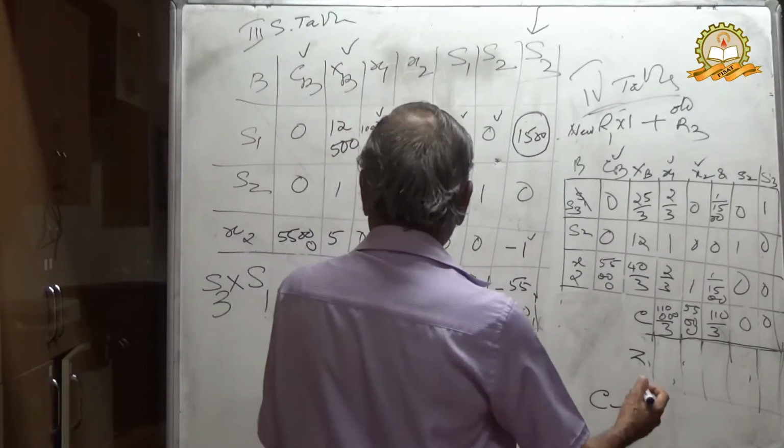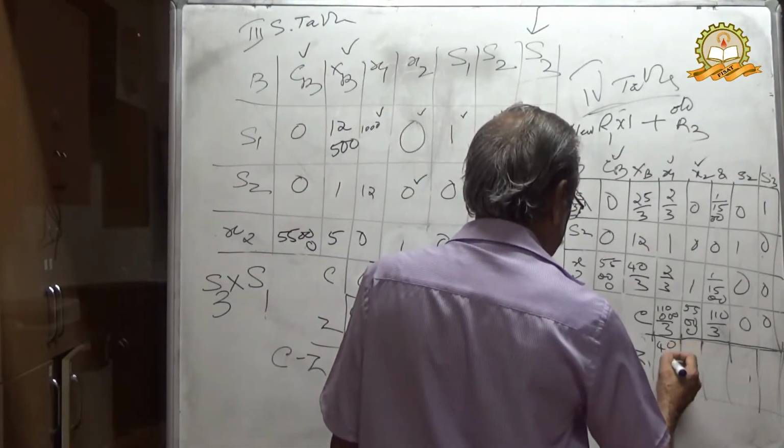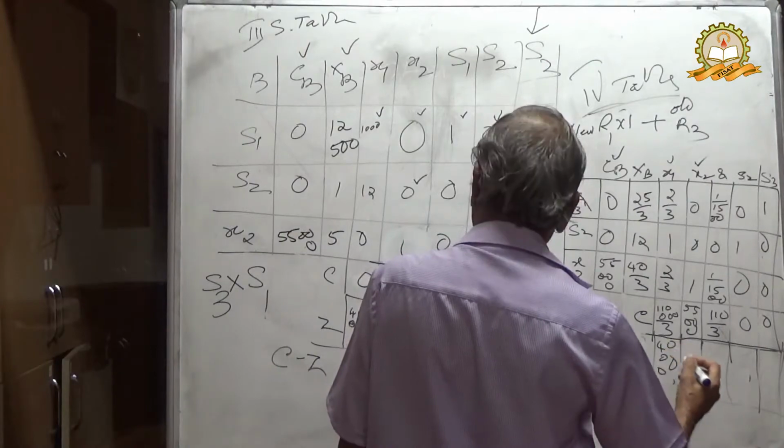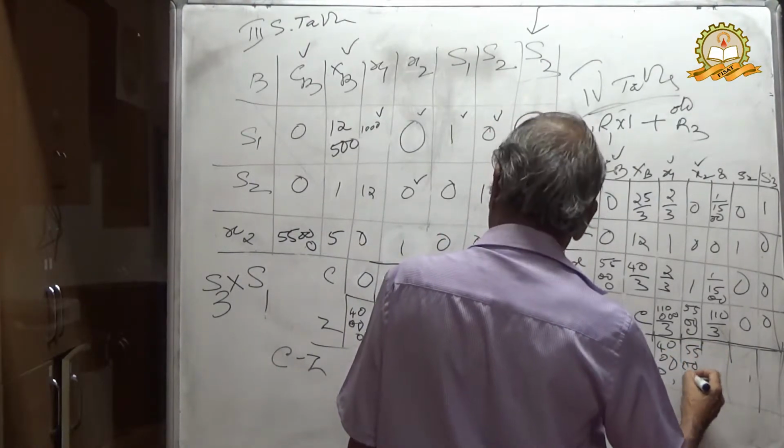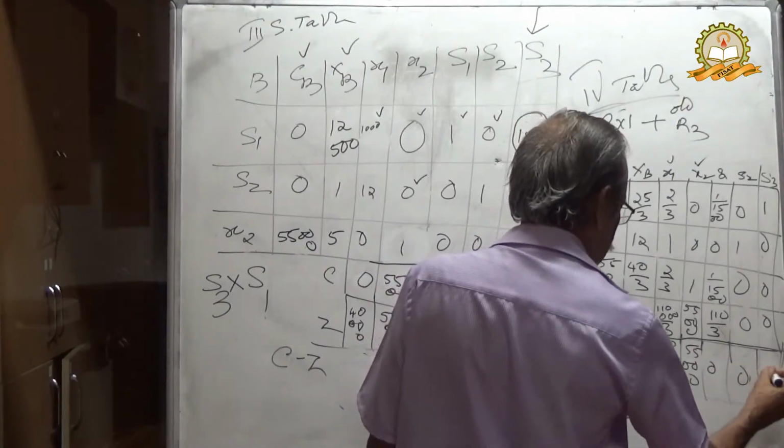And here Z equals 40,000, 55,000, 0, 0, 0.